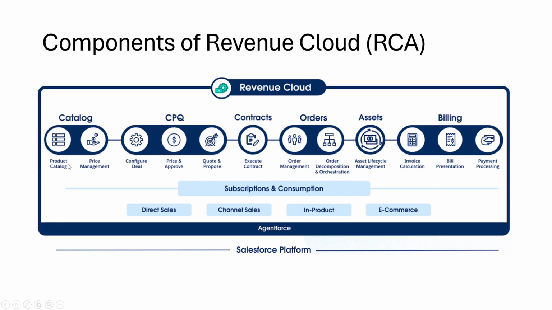Within catalog, we see product catalog and pricing management, and CPQ is the same suite, configure, price and quote, and entire contract lifecycle management, order orchestration, asset management, and revenue recognition, invoice generation and payment processing are all the components that are involved in Revenue Cloud Advanced. So as you notice, it is a complete quote to cash suite, and when embedded with Sales Cloud, it will form the lead to cash suite.